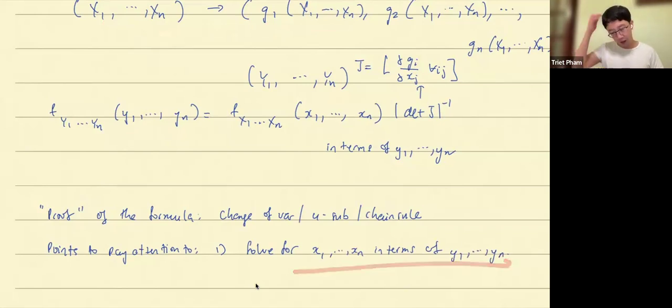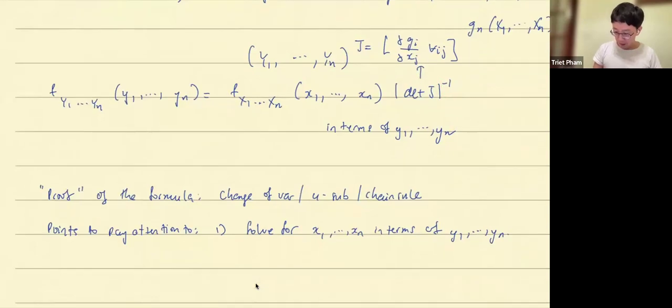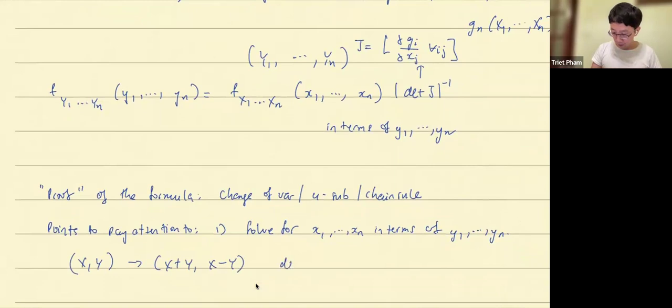For example, you may see that in your substitution. Suppose that xy you map to x plus y and x minus y. And suppose that somehow the Jacobian is 1 over x plus y.